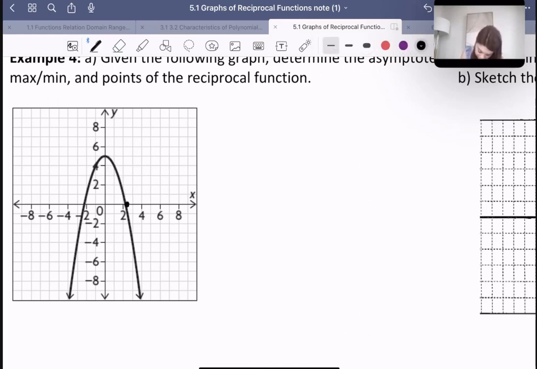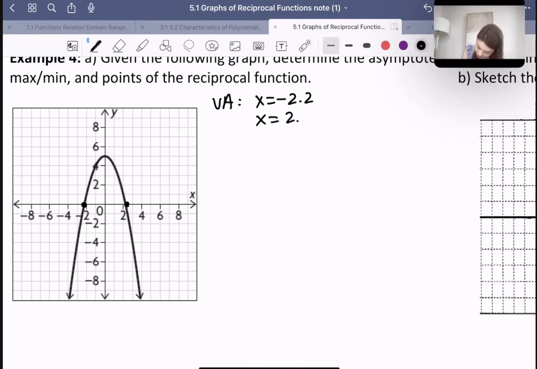We have one at 2.2 and one at negative 2.2. Okay, so because those are x-intercepts on our original, those are going to be our asymptotes on our new function. So we have vertical asymptotes at x equals negative 2.2 and x equals 2.2.